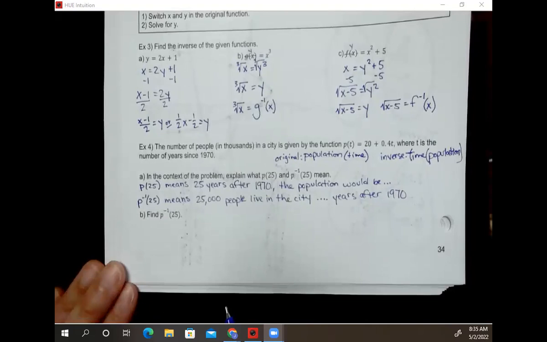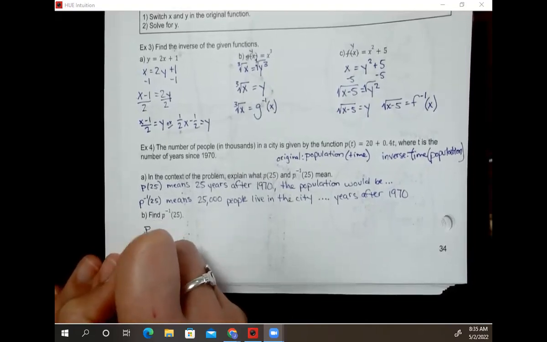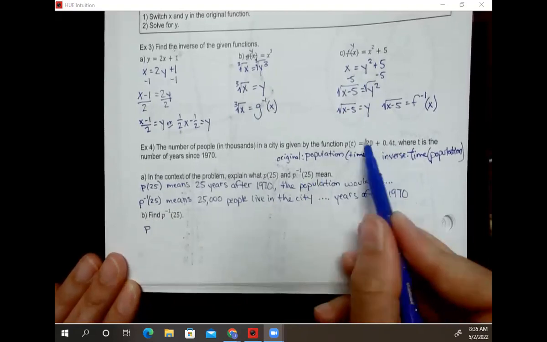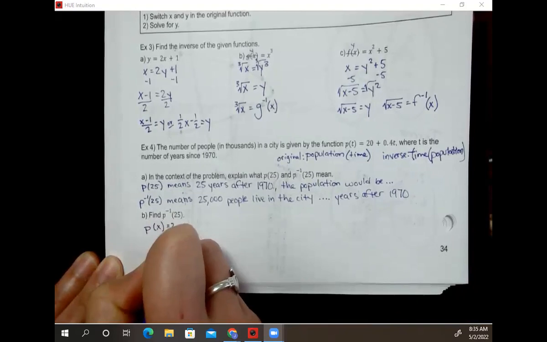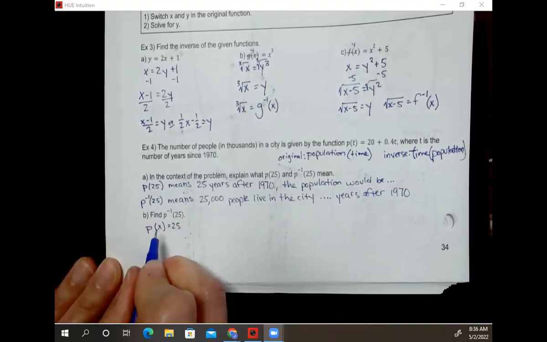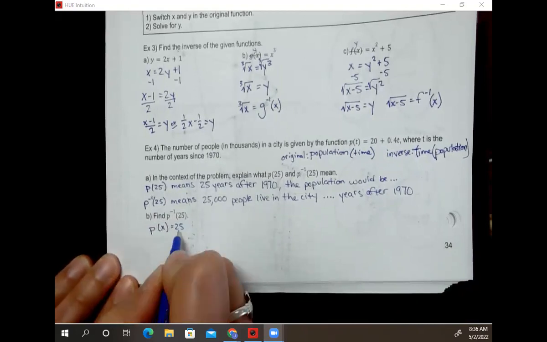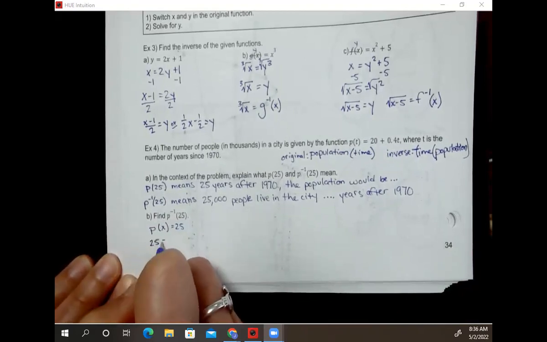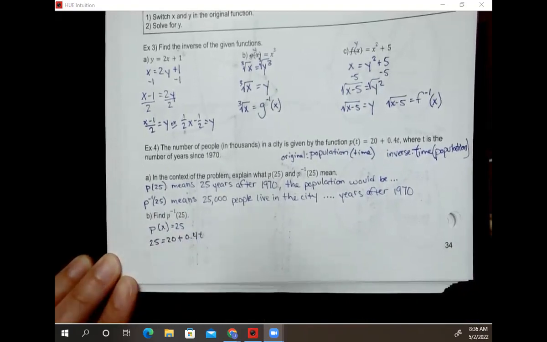So there are a couple ways that we could approach this, but I'm going to start with our original function. Since that's what we've got here. So p of something equals 25. If I can find that something, that will tell me what p inverse of 25 is equal to. So I could plug that in for my y value and find the x.